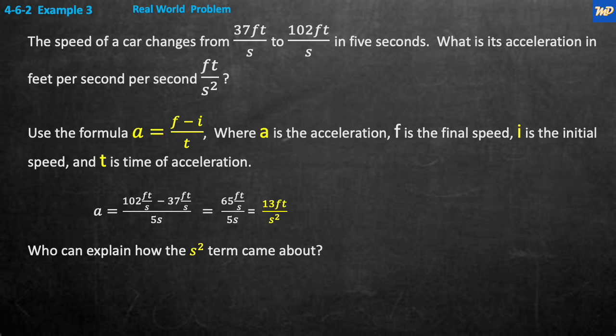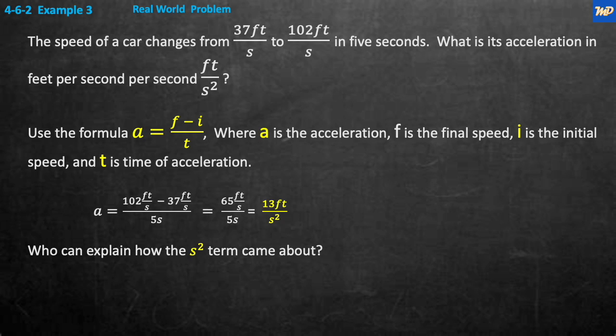So if we put the formula together, we see it right here, where we have the A, the acceleration, is equal to 102, that's the final speed, feet per second, minus 37, right here, the 37 is the beginning speed, and it's over 5 seconds. So when we reduce this down, we take the top, and 102 minus 37 is 65 feet per second.